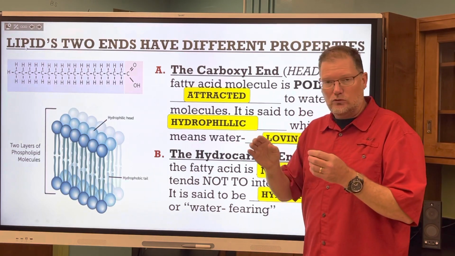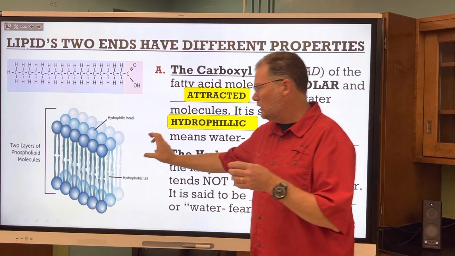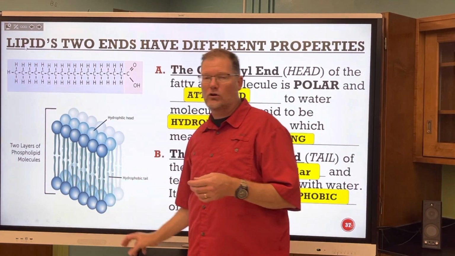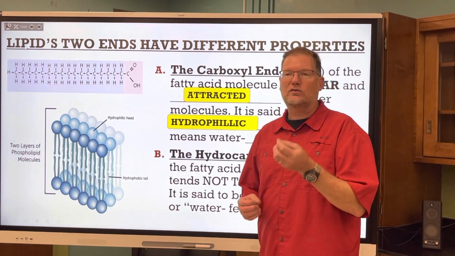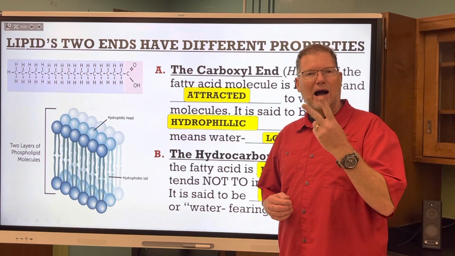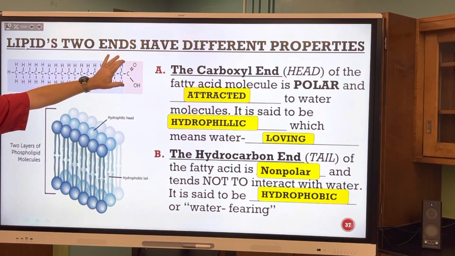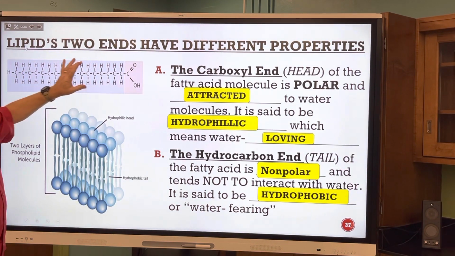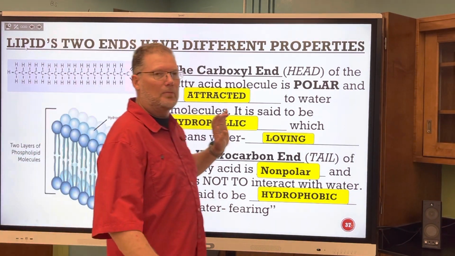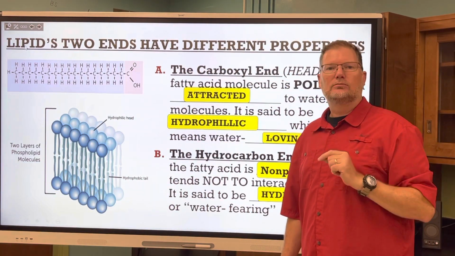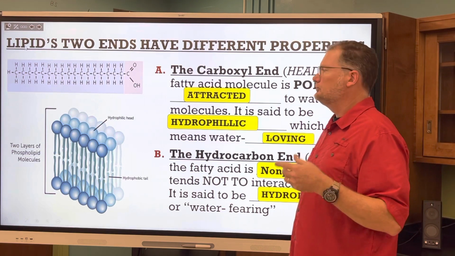And you've got one layer here on the outside of the cell, and you've got one layer here on the inside of the cell, and that's called a lipid bilayer. Lipid, because it's made out of these fatty acid molecules, and it's got two layers, so it's a bilayer, lipid bilayer. It's kind of simple, actually.